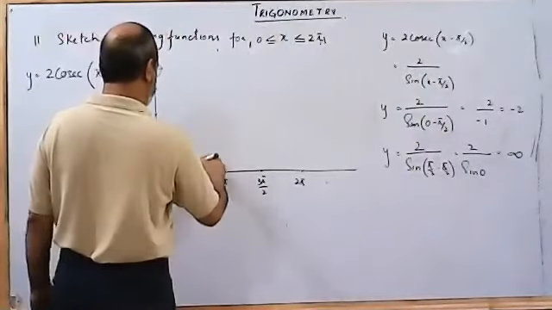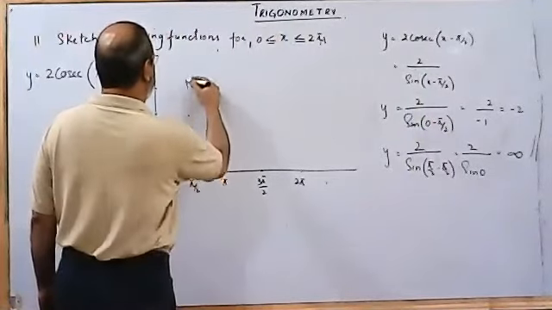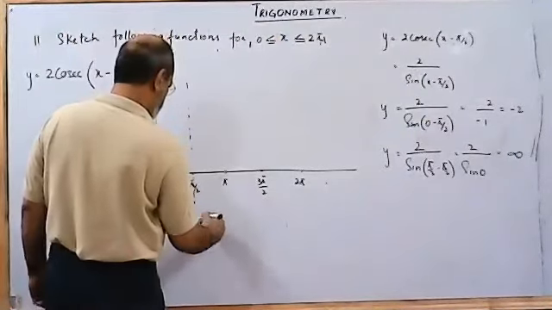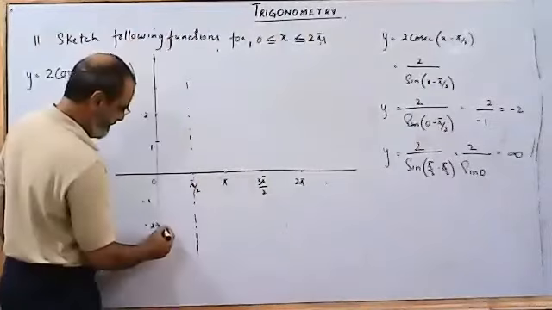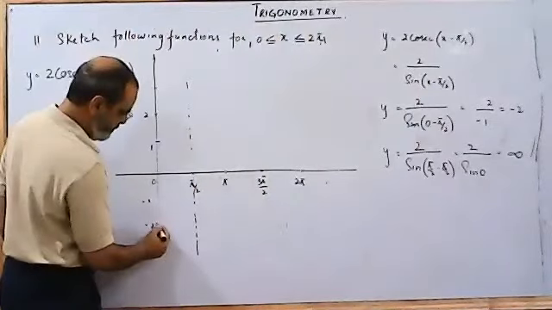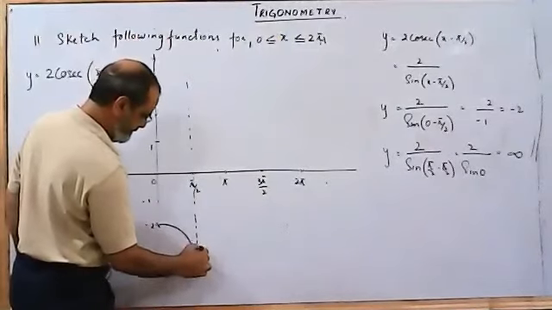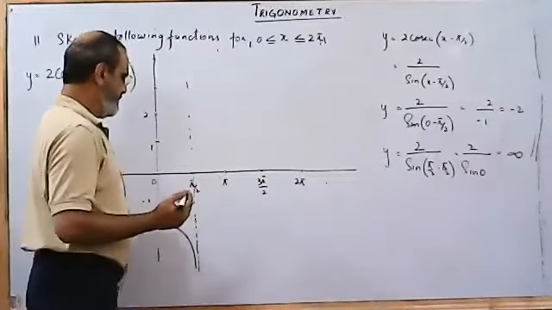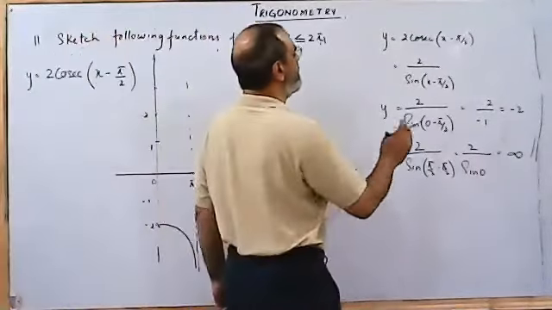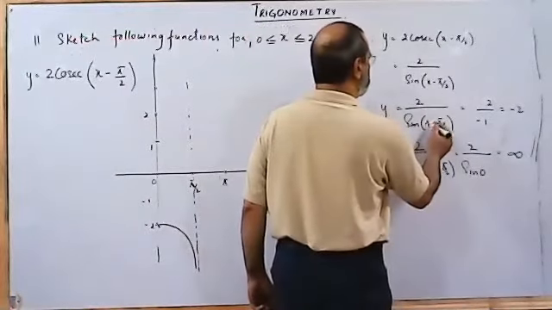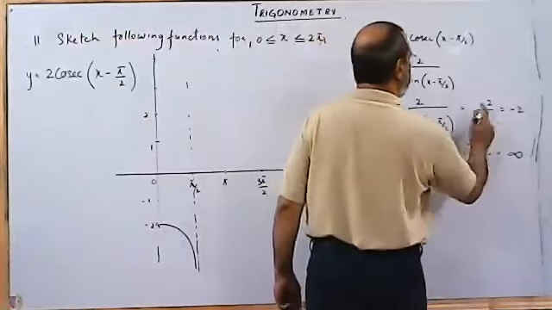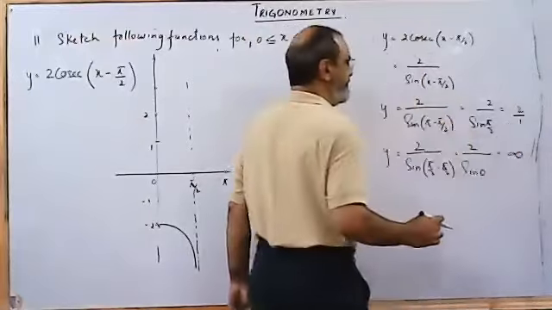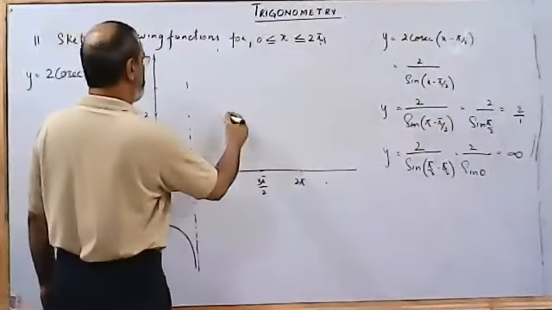So at pi by 2, your curve starts from 2 and bends downward. If I use x is equal to pi, so pi minus pi by 2 will be sine pi by 2, that is 1. So the answer is 2. So at pi, you are here.